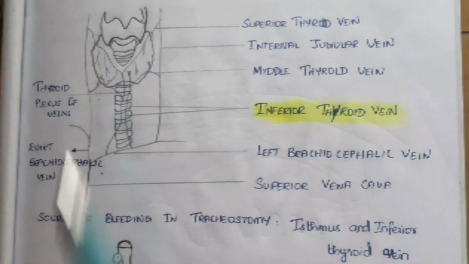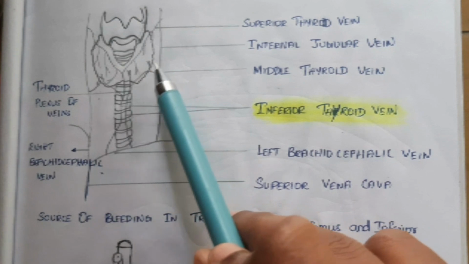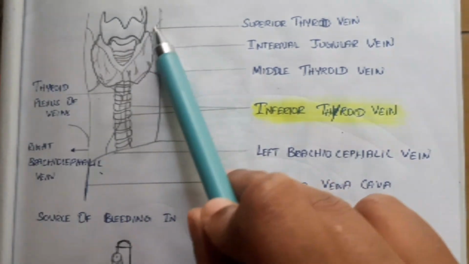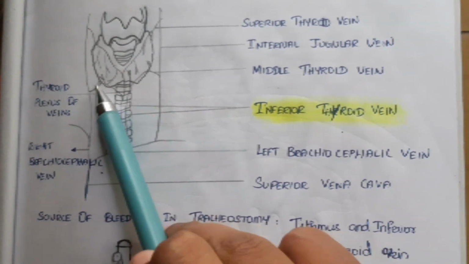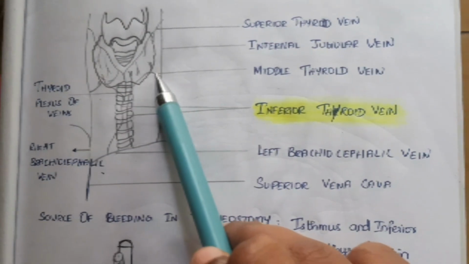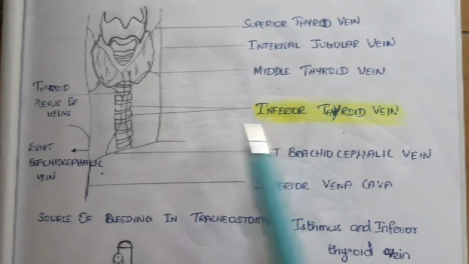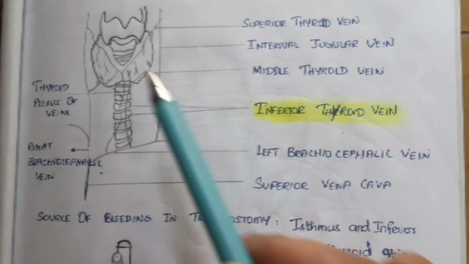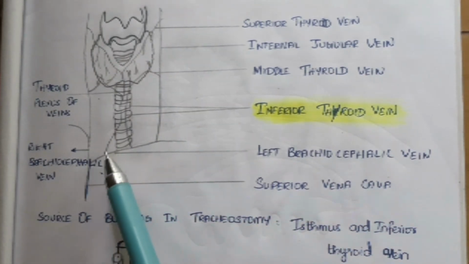Here this is the internal jugular vein, and the superior thyroid vein and middle thyroid vein drain into the internal jugular vein on either side of the neck. But the inferior thyroid vein, this one, drains directly into the brachiocephalic vein.